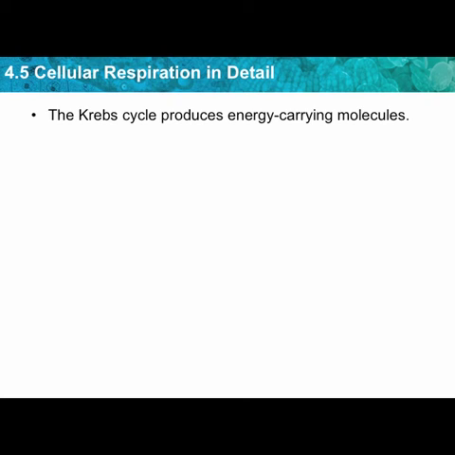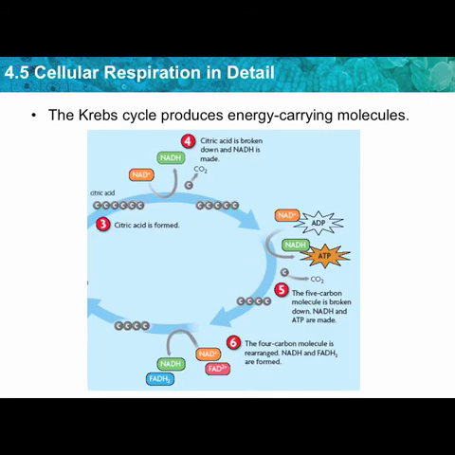Krebs cycle produces energy carrying molecules. It's quite a complex cycle. The citric acid is broken down. NAD plus is converted to NADH. Citric acid is broken down and NADH is made. One of the carbons goes off as carbon dioxide. The 5 carbon chain enters, NAD plus, ATP to NADH to ATP.